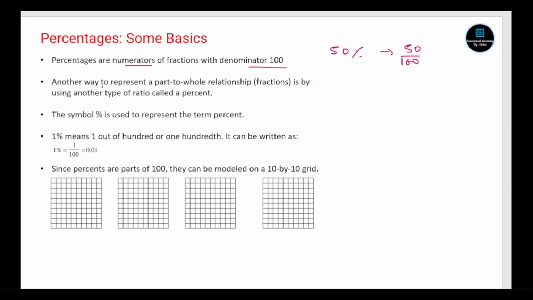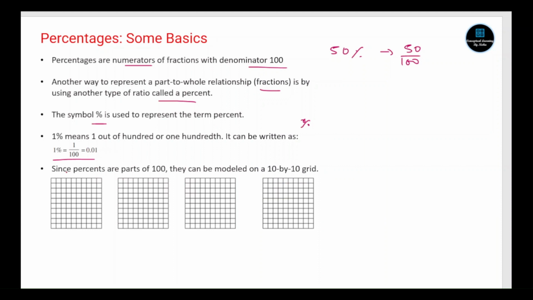This is a part to whole relationship, a fractional relationship, that is a percent value. We use a symbol for percentage. Now 1% is nothing but 1 out of hundred parts, so 1% is written as 1 over 100, which equals 0.01.